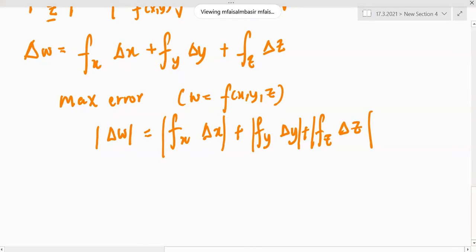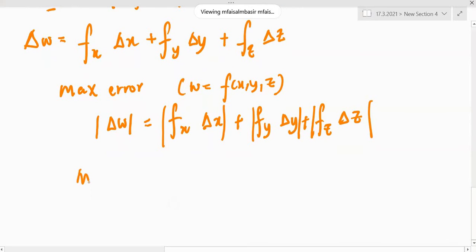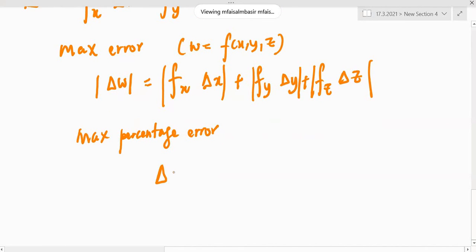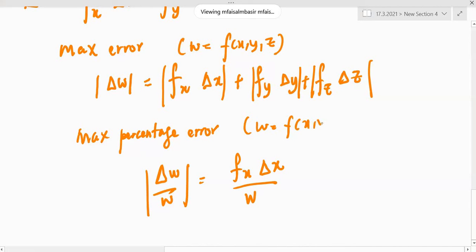So maximum percentage error will be del W over W. So Fx del X over, you can put W, so no problem, or you can put Fxyz, no problem. But I think better put Fxyz so that you're not confused.